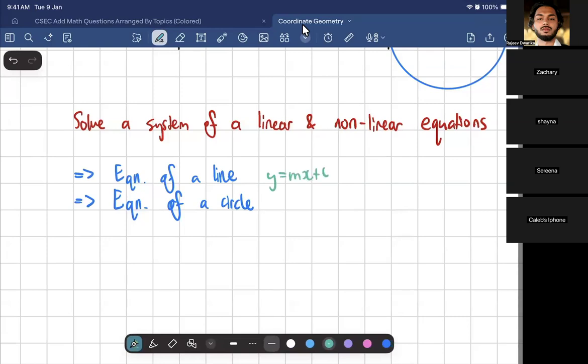And what's the equation of a circle? X squared plus y squared plus 2fx plus 2gy plus c is equal to 0.